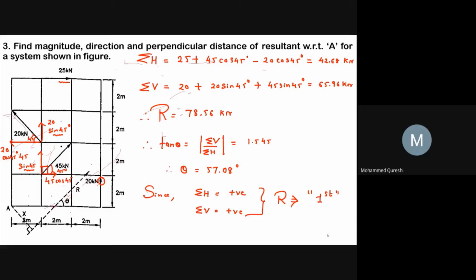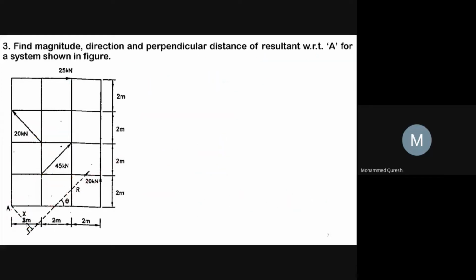So let us assume that R is at a perpendicular distance x from point A. For that we have to take moments. R into x: this resultant will move towards point A in anticlockwise direction, hence it will be negative.